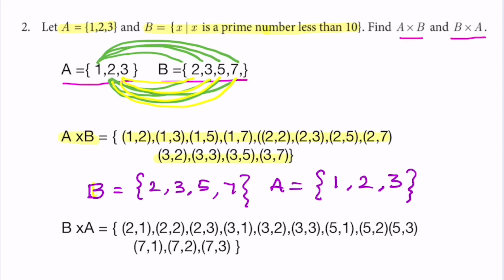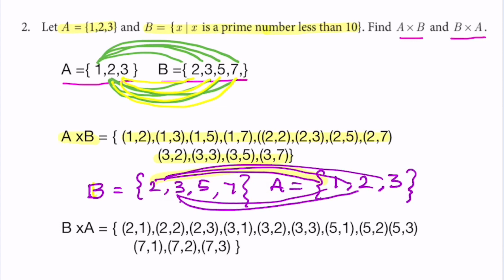So it is 2 comma 1, 2 comma 2, 2 comma 3, 3 comma 1, 3 comma 2, 3 comma 3, 5 comma 1, 5 comma 2, 5 comma 3, 7 comma 1, 7 comma 2 and 7 comma 3.